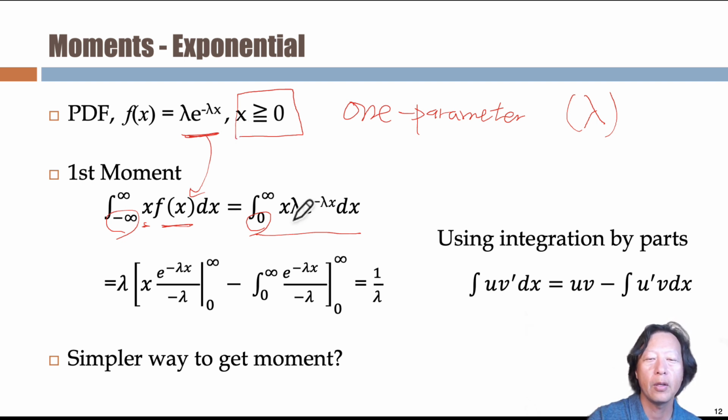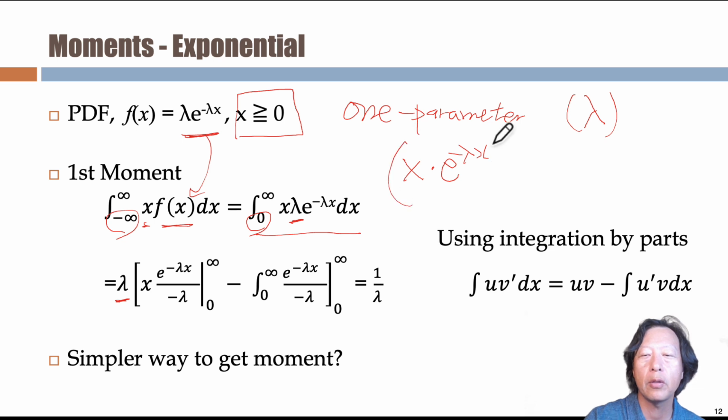Lambda is a coefficient that comes out, and then you can take derivatives. Here the function is x times e to the minus lambda x.